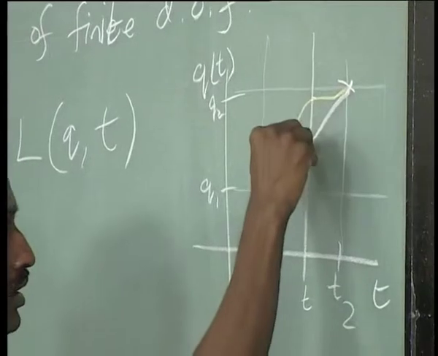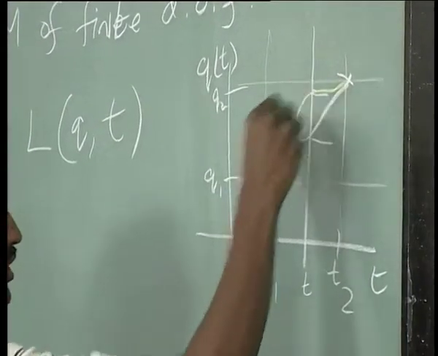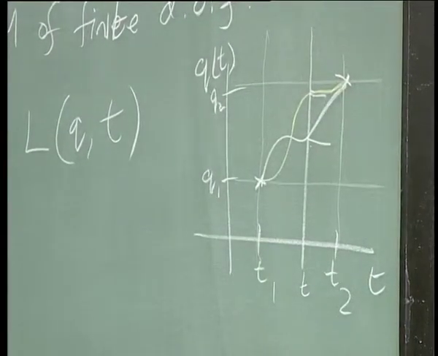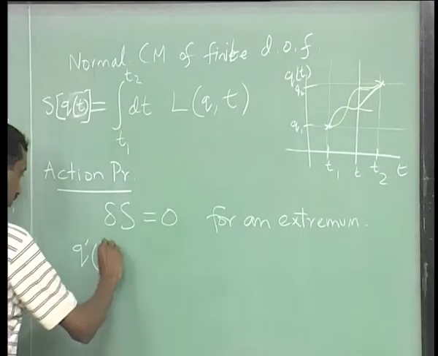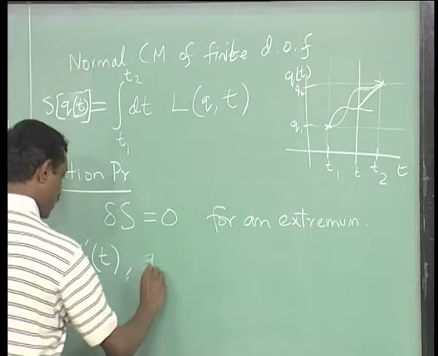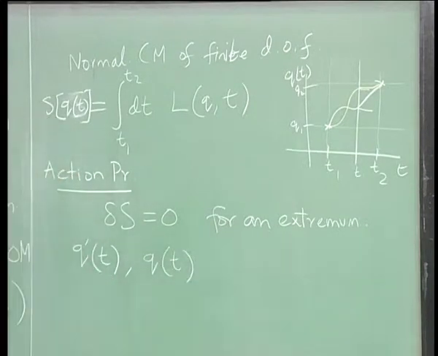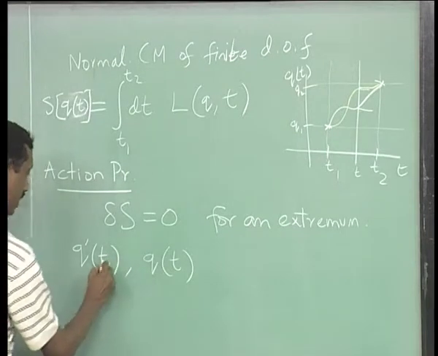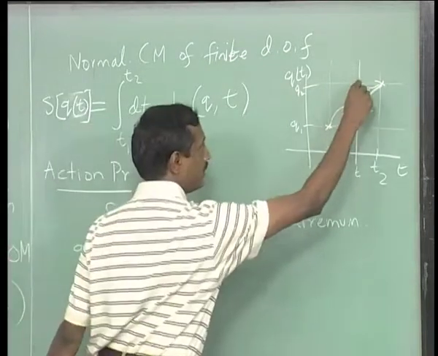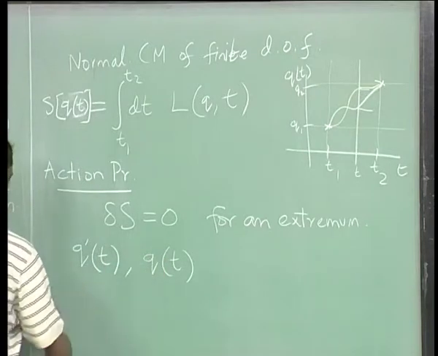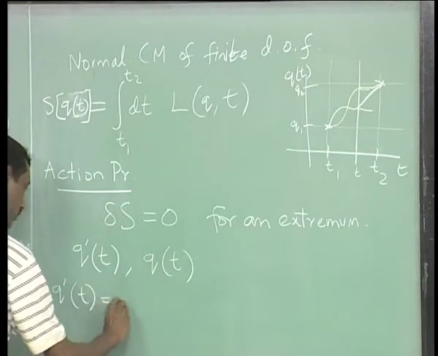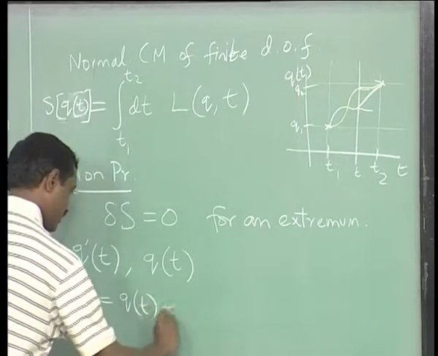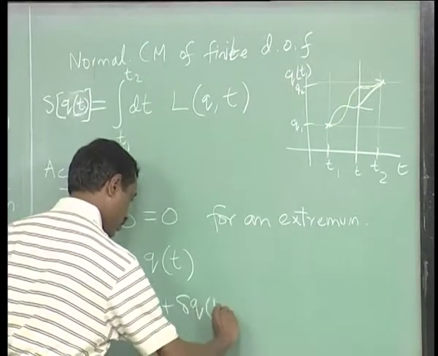What you see here is that the trajectories differ at this point. So, let us call the two trajectories q prime of t and q of t. And the important thing is that we can compare these two things at the same time, like I have done here, and call this object delta q of t. So, we could write it two ways. We could say that q prime of t is equal to q of t plus delta q of t.